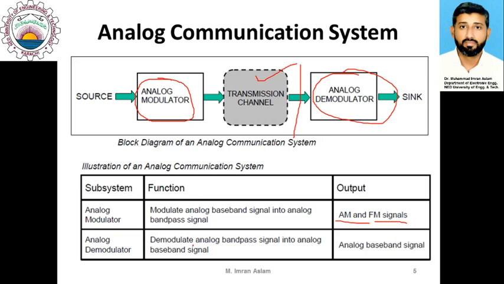So the demodulator transforms the analog band pass signal into an analog baseband signal. The output will be the original analog baseband signal, in the original form as of the source.